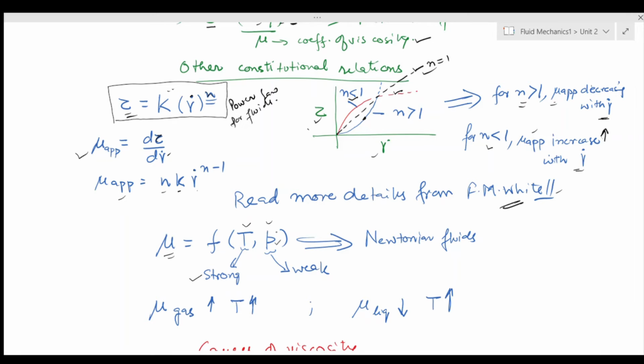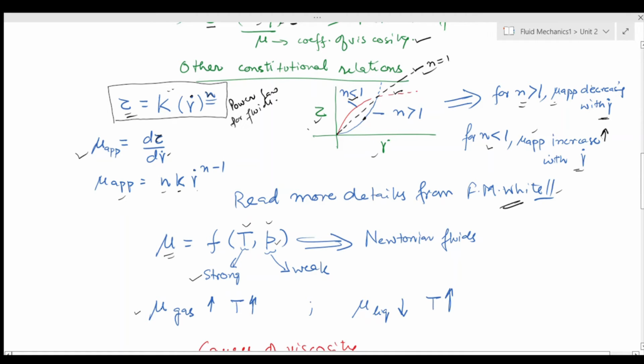If I make a change in pressure, then the change in viscosity would be less as compared to the same amount of change in temperature. So let's say for a unit change in temperature, the change in viscosity would be more as compared to a unit change in pressure.